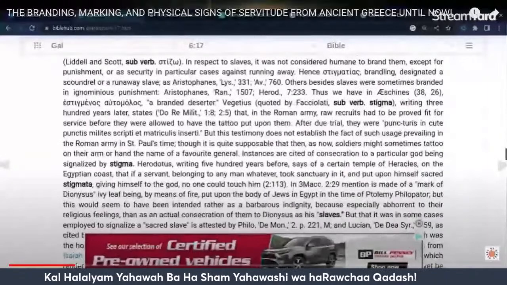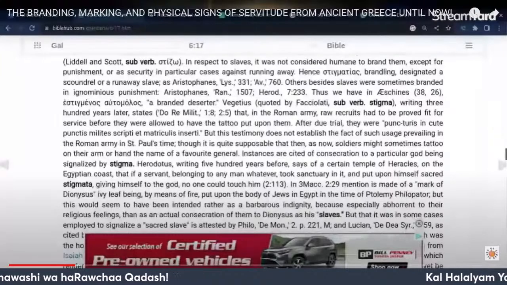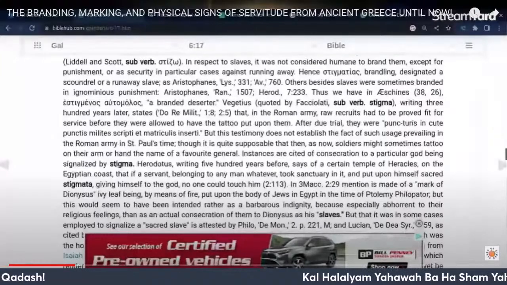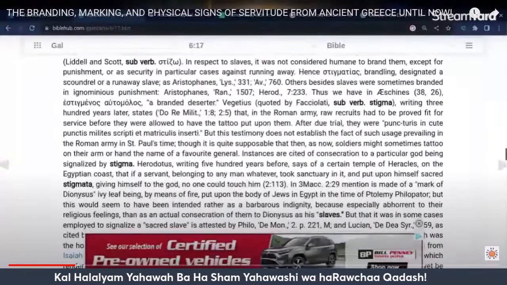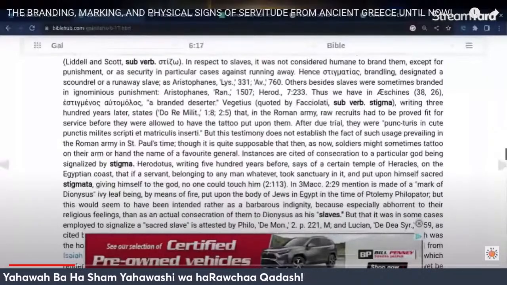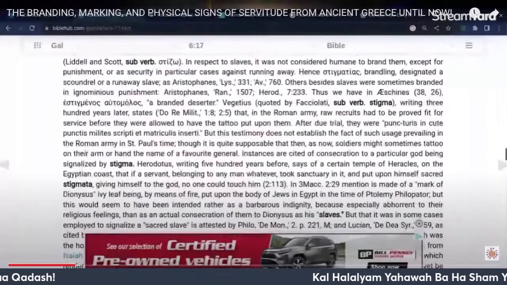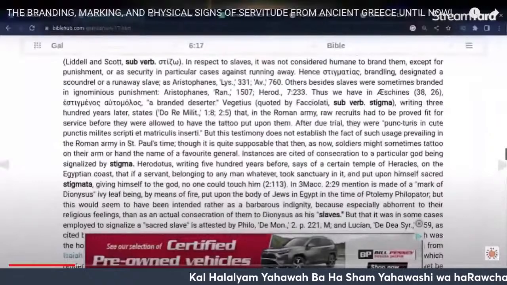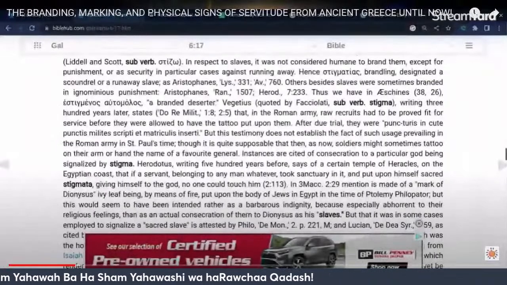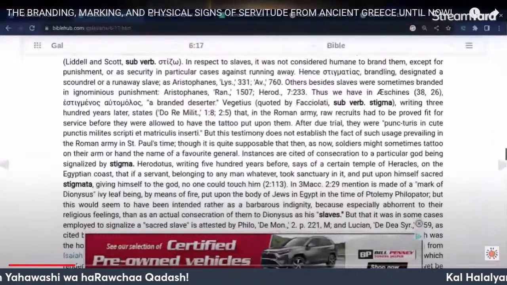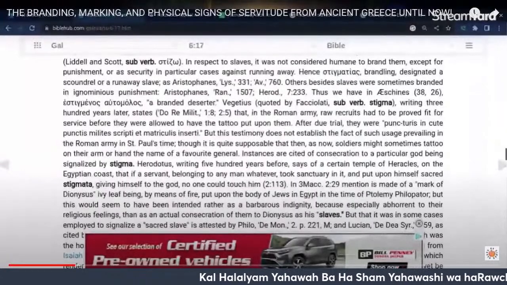In 3 Maccabees 2:29, mention is made of a mark of Dionysus, an ivy leaf being, by means of fire, put upon the body of Jews in Egypt in the time of Ptolemy Philopator. But this would seem to have been intended rather by barbers in indignity, because especially abhorrent to their religious feelings, than an actual consecration of them to Dionysus as his slaves. So they're saying that basically they were forced as exiles to take this mark of Dionysus, which was imprinted, an ivy leaf on you, symbolizing Dionysus.